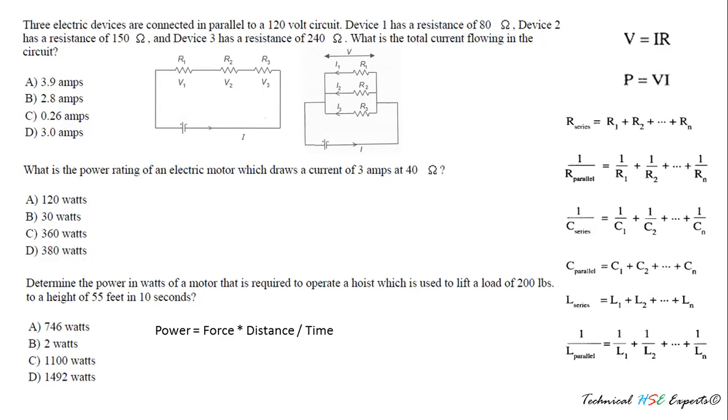550 foot pounds per second is equal to 746 watts. One digit is missing.